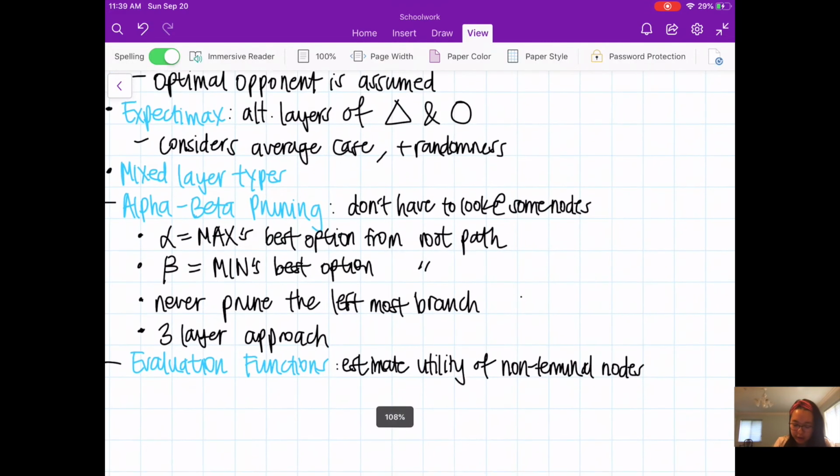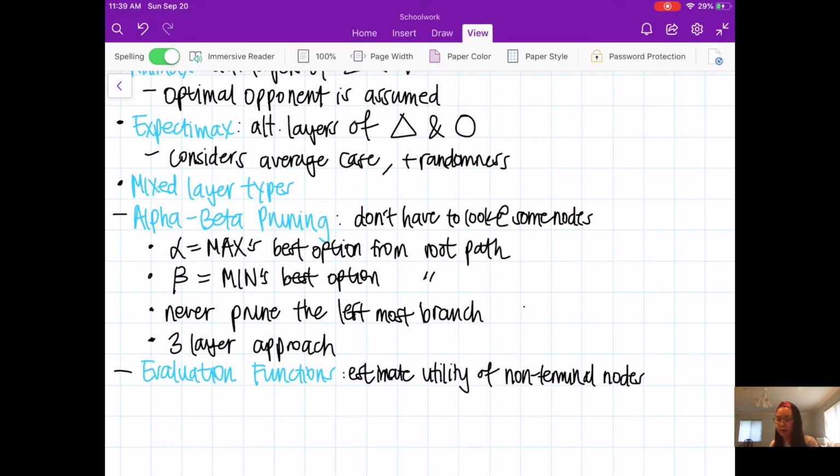So essentially it will usually be a linear combo of the different features, and it will give this estimation of the utility for the node. And that's because sometimes you can't get all the way down, or it's not that efficient to get all the way down to the terminal node to get the exact utility. And by terminal node, I just mean the leaf of the game tree. So because of that, evaluation functions are sometimes used to simplify that calculation.